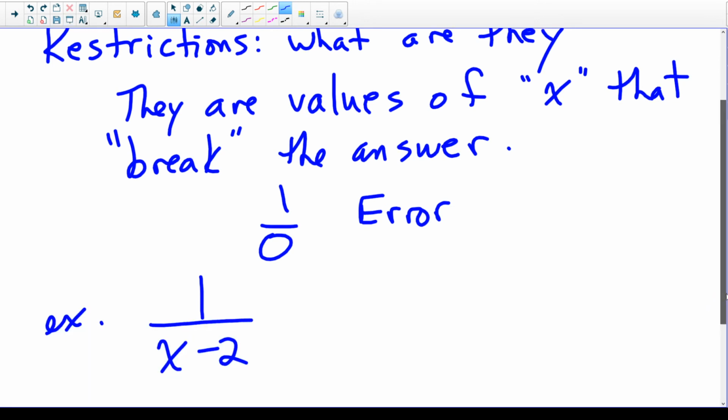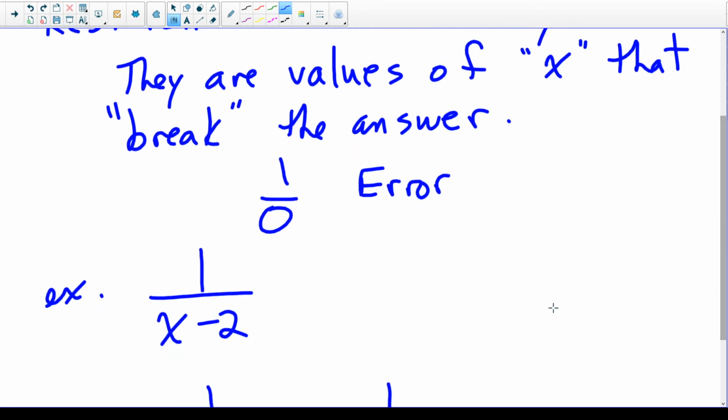So let's look at an example. Is there a restriction to 1 over x minus 2? Well, what would make this equal to 0?